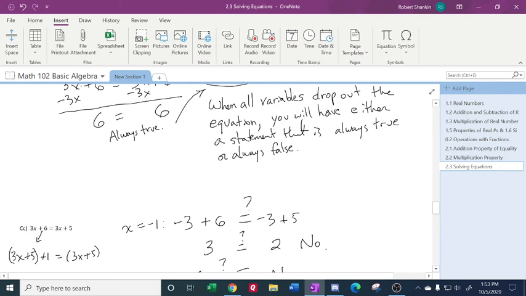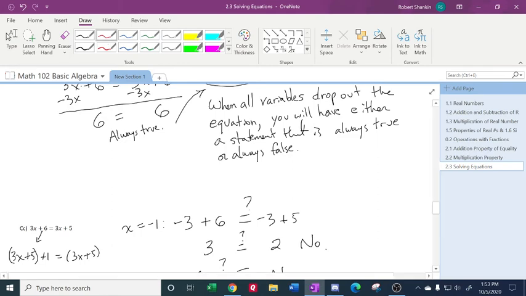If always true, solution, all real numbers. If it's always false, no solution.